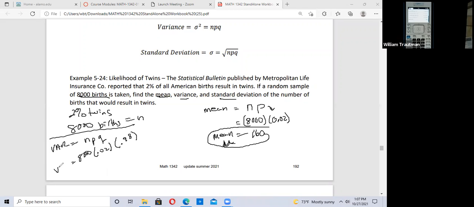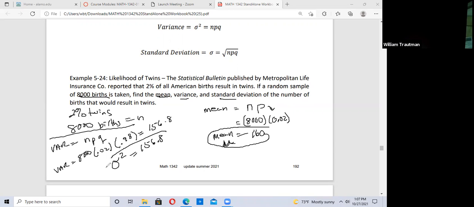So this is the variance. We put that in our calculator: 8,000 times 0.02 times 0.98. And the variance I got is 156.8. That's the second part of the answer.